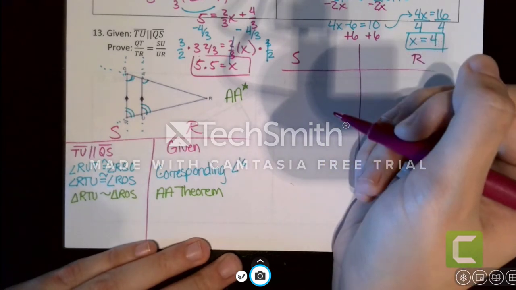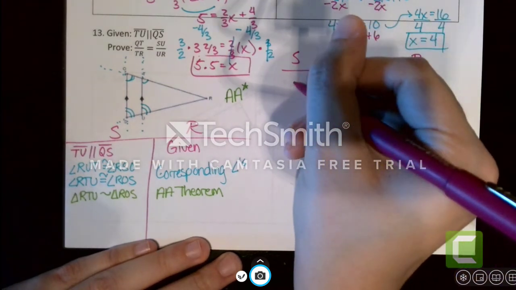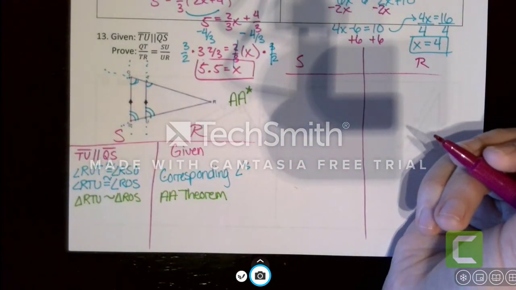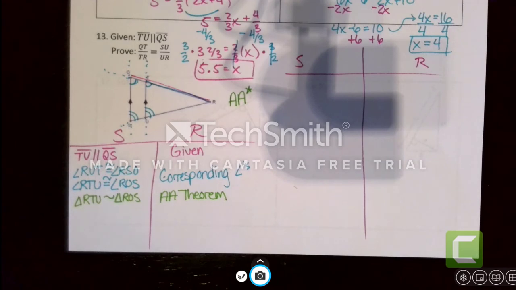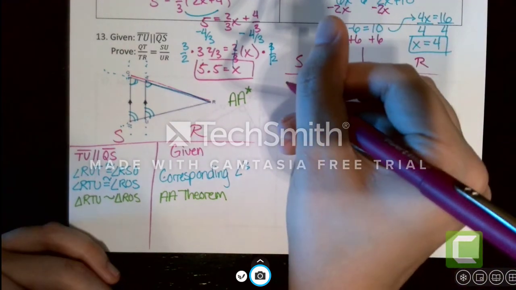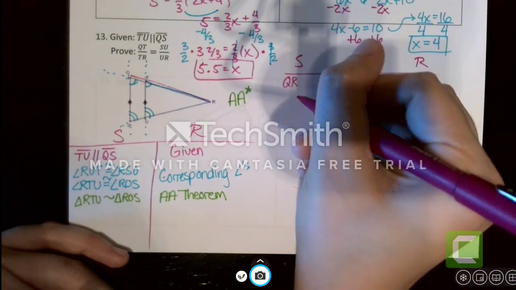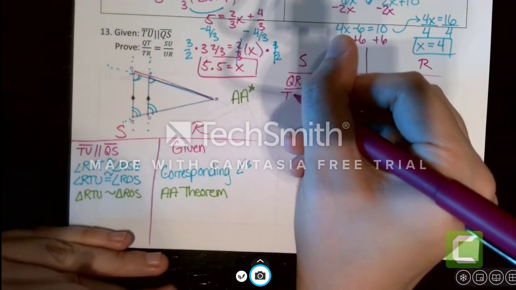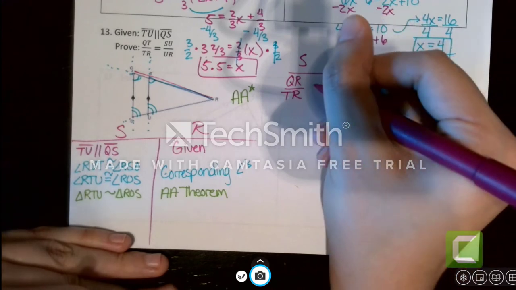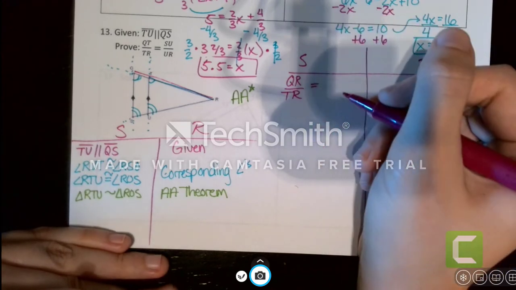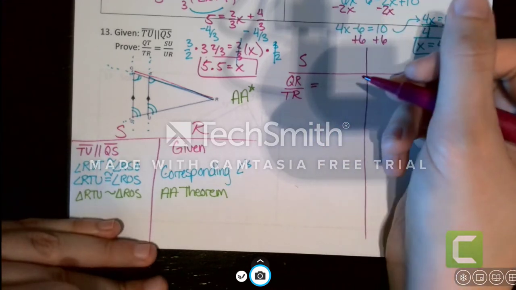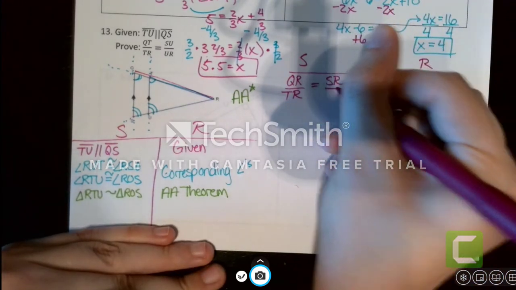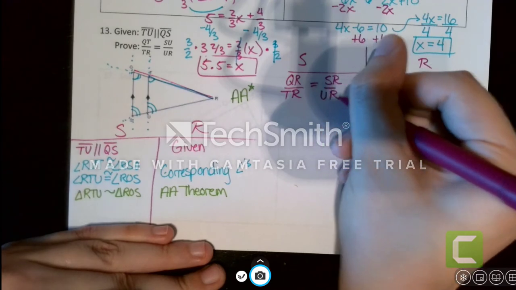So our given statement is that TR is going to be proportional. So I will rewrite this as QR over TR is proportional to TR, and that proportion is equal to SR, which is proportional to UR.